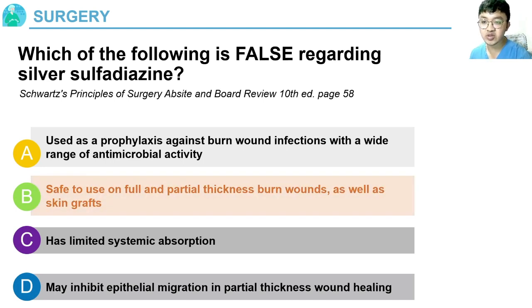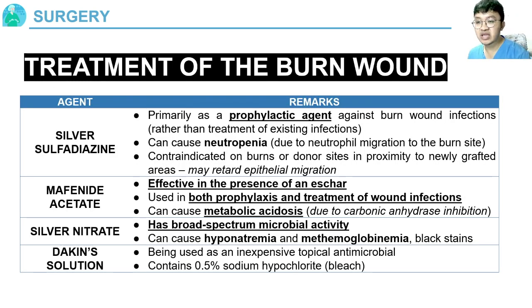This is false because you don't use silver sulfadiazine for grafts because it retards epithelial migration, thus affecting the lifespan of your grafts. So you have different agents used in the treatment of burn wounds. You have first your silver sulfadiazine, which is primarily used as a prophylactic agent against burn wound infections.